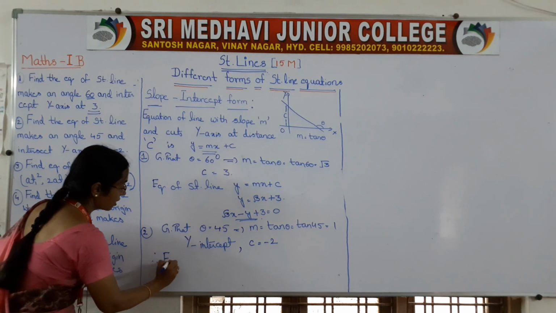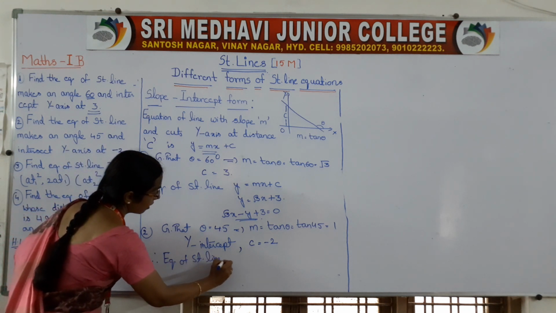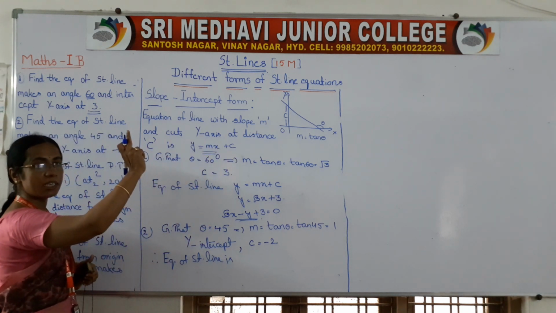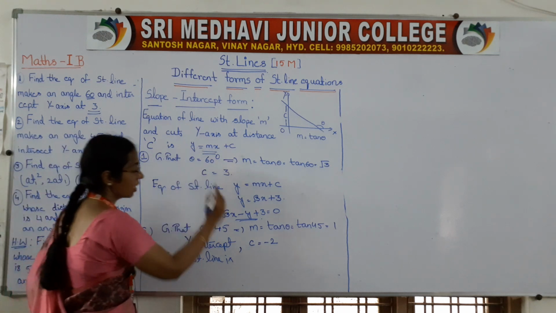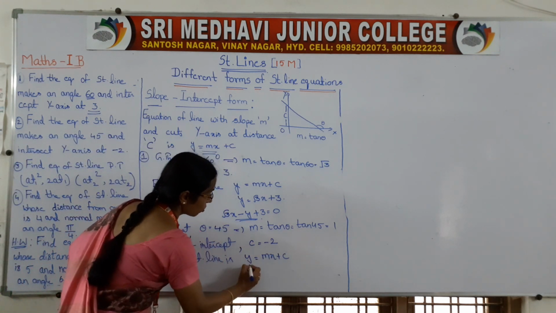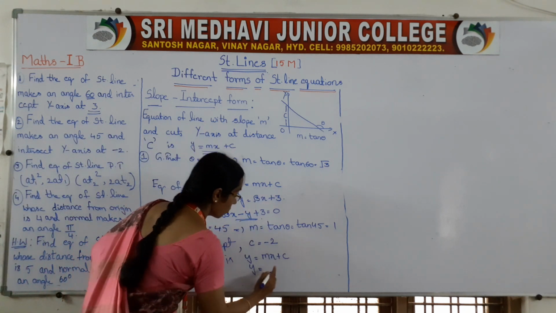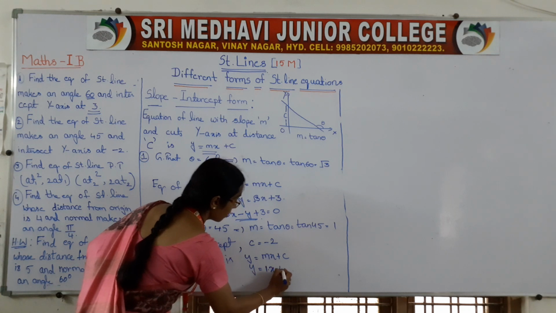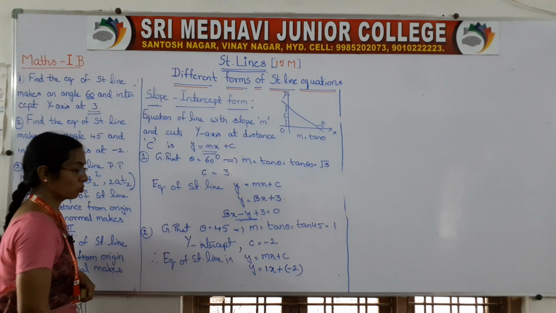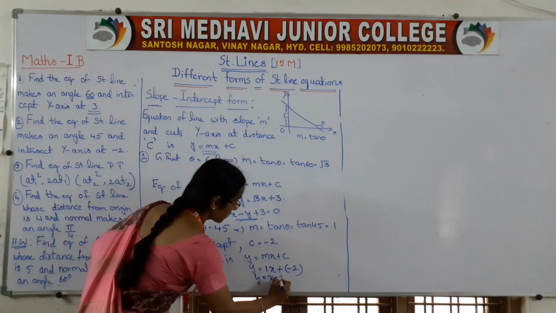Therefore, whenever you know the y-intercept and slope, the equation is y is equal to mx plus c. So y is equal to 1 into x plus c, and c is minus 2, so y is equal to x minus 2.